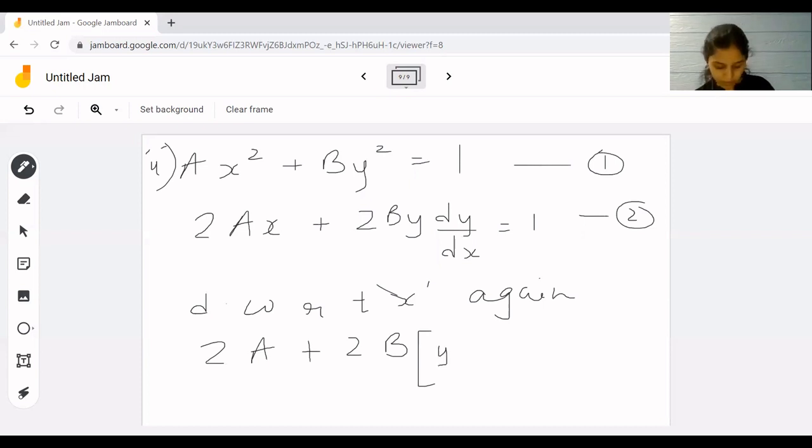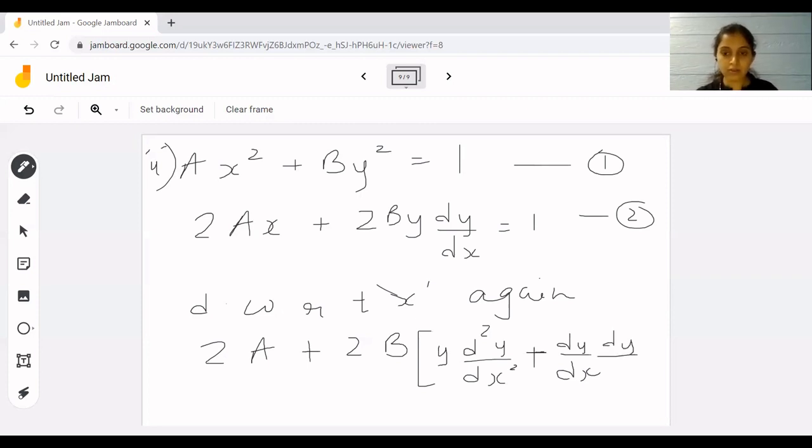Y first term as it is, differentiating the second one, so d by dx of dy by dx, that is d2y by dx square, plus second term as it is, differentiating the first one, that is dy by dx. The differential of the constant on the right would be equal to 0 here also.